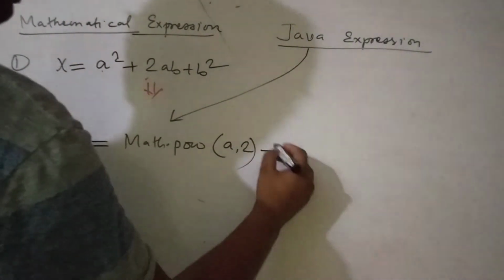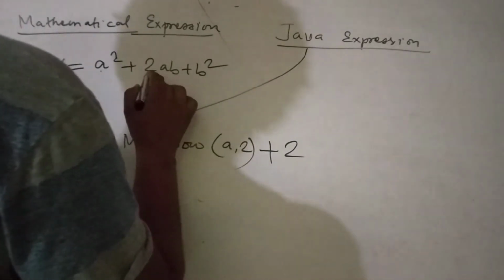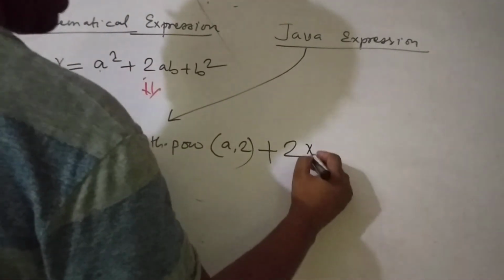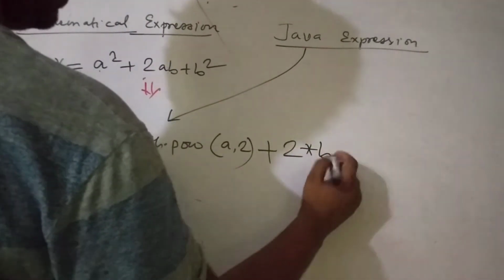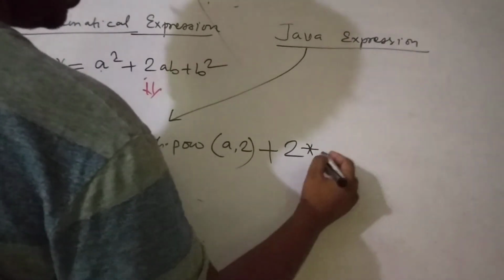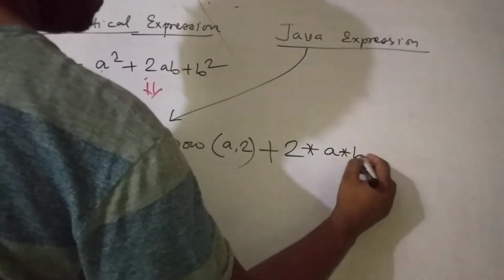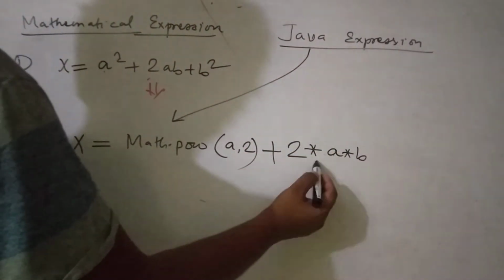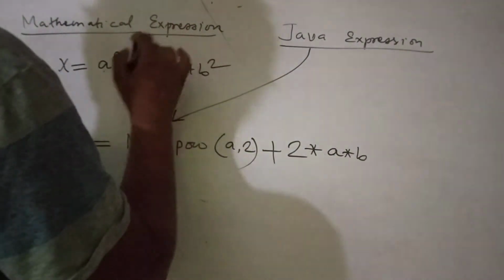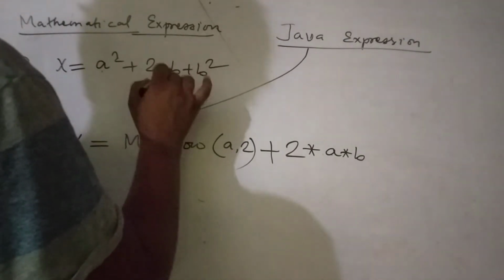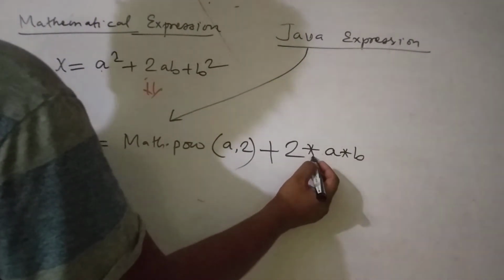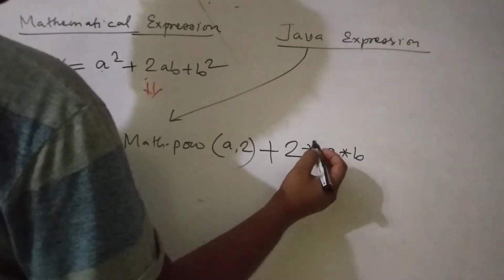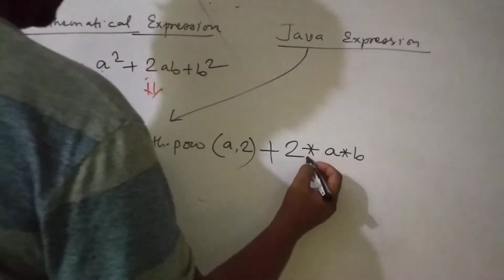So plus 2. As there is multiplication, while writing in programming you have to write the multiplication sign: 2 into a into b. In Java programming, for the purpose of multiplication we write an asterisk. So 2 asterisk a asterisk b means multiplication.